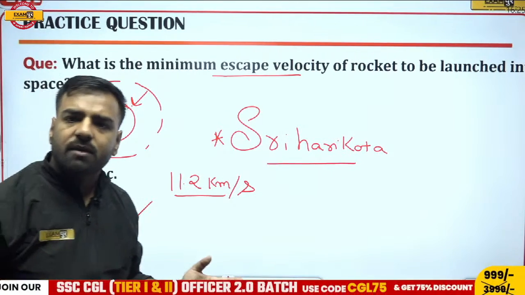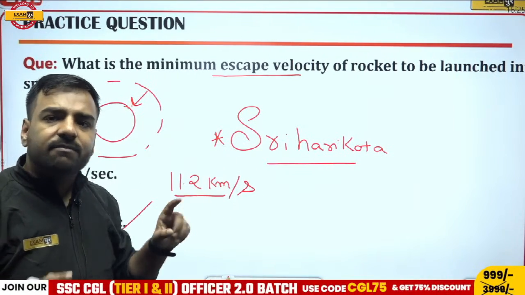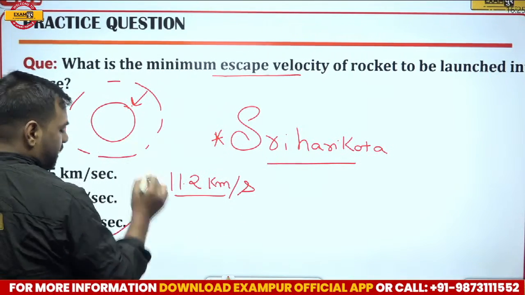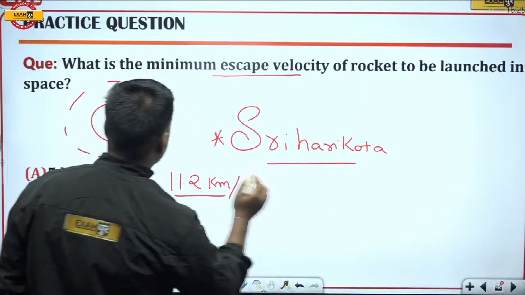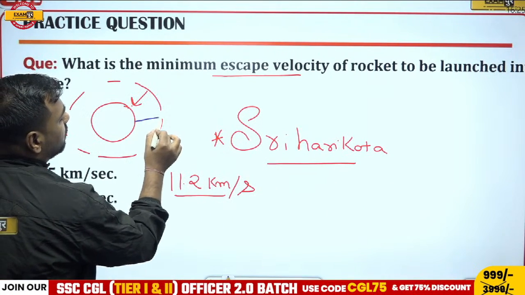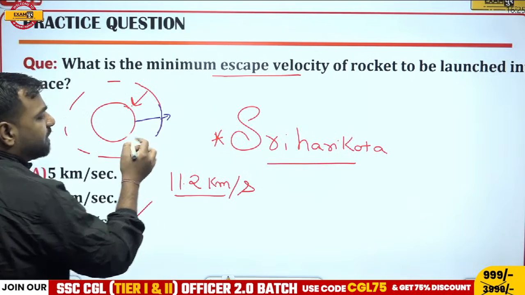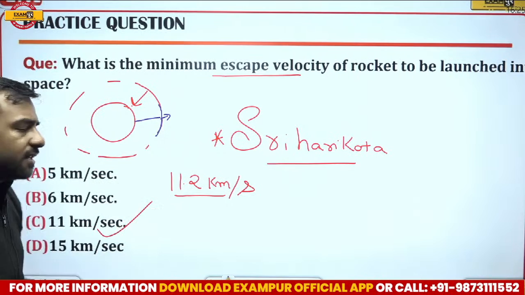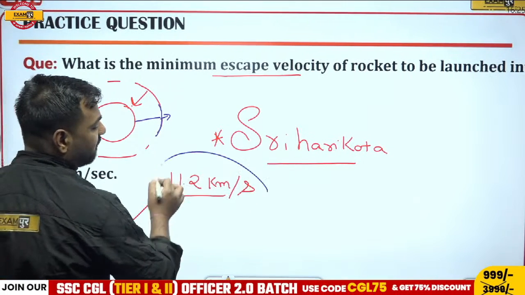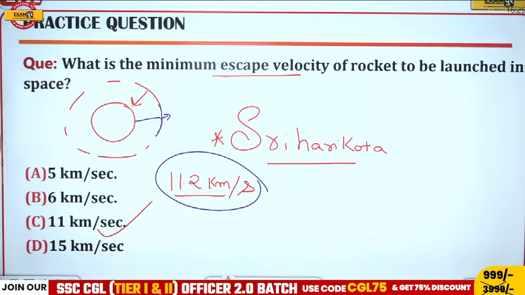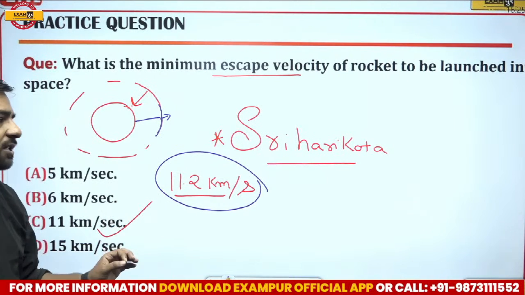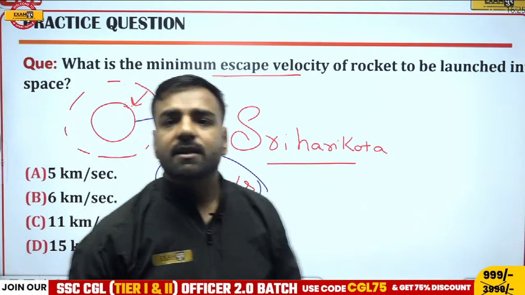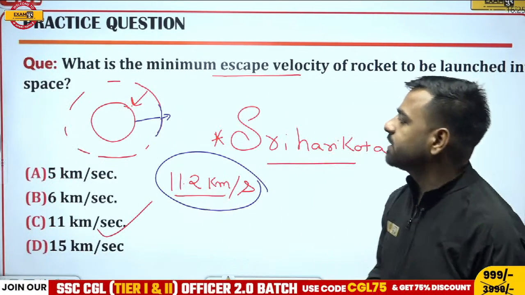Now, if I want to launch a rocket, I'll use the blue pen over here. This rocket must cross this area. For crossing this area, we need a minimum velocity, and that minimum velocity is 11.2 km per second. Again, I'll repeat: the minimum velocity required by the rocket to cross this area is 11.2 km per second.